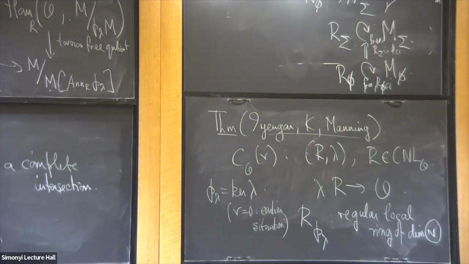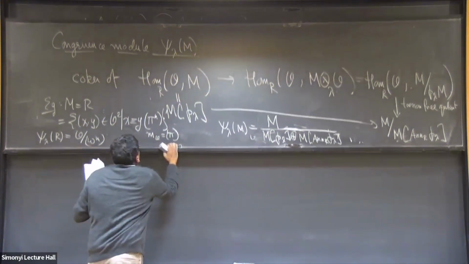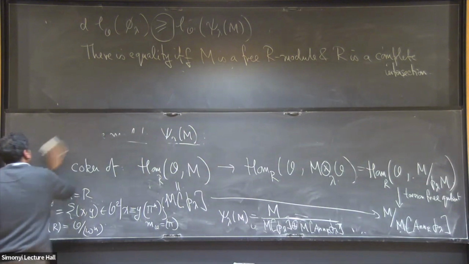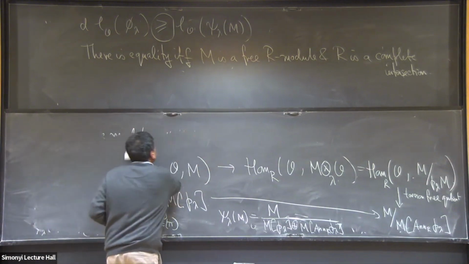Now in this situation, I have a module M, but my depth condition is going to be adapted to r. I'm going to look at finitely generated R-modules with depth of M as an R-module greater than or equal to r plus 1.